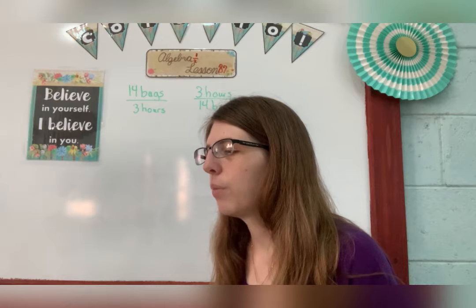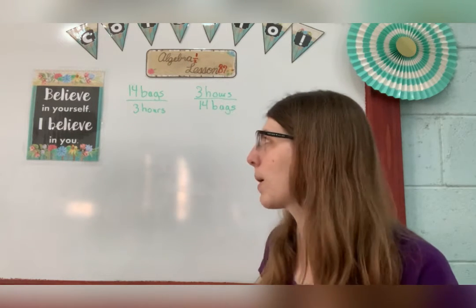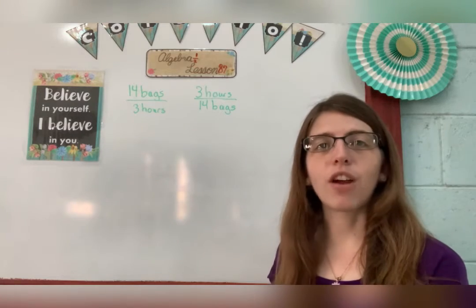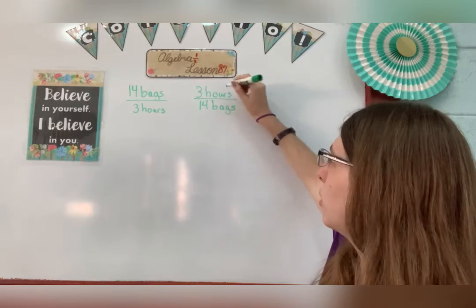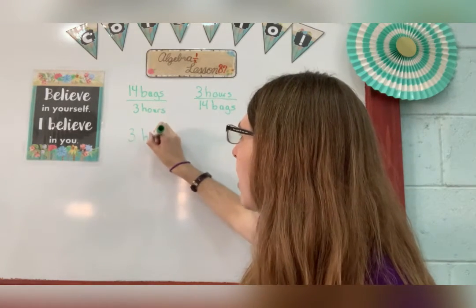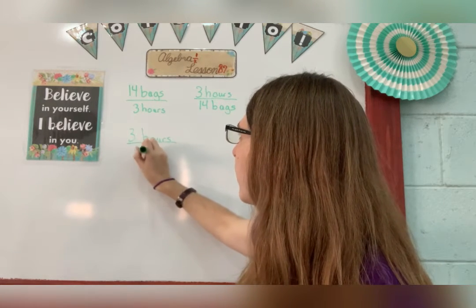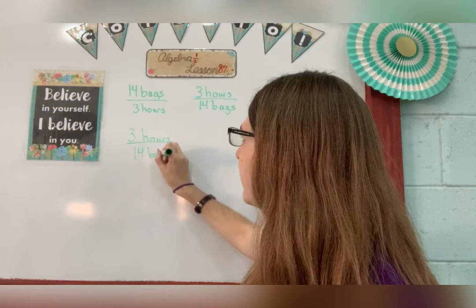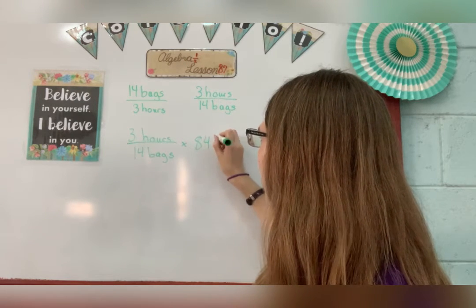I want to know how many hours it would take to fill 84 bags. So if I'm looking for hours, I want this particular rate because I'm looking for hours. Whatever you're looking for has to be on top. Remember that rule. So 3 hours to fill 14 bags times 84 bags.